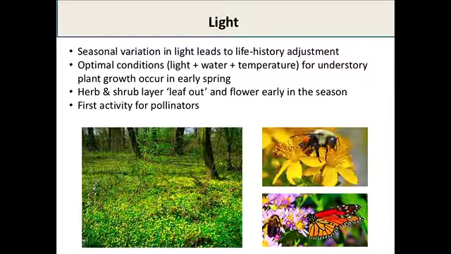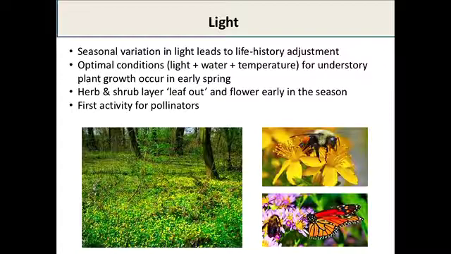Once the canopy layer, once those larger trees have had their leaf out, then the availability of light to the understory layer massively decreases. So quite often, this is what we see if you're walking through a forest in the spring. Quite often you'll see that understory layer is already turning green, or we already start to see flowers at the understory before the canopy is fully out.